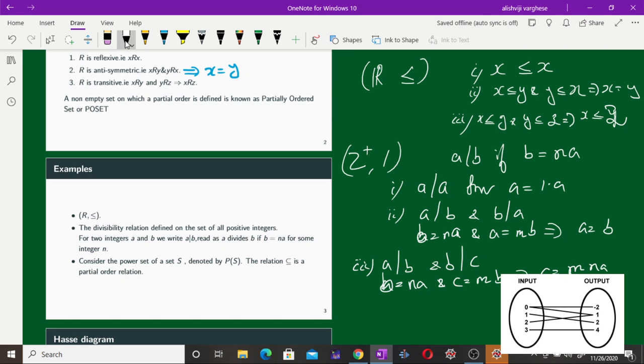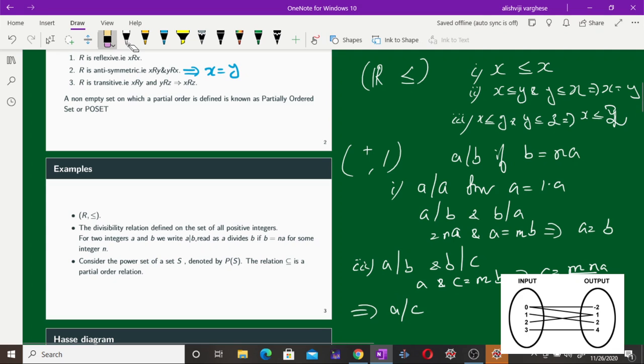So c is an integer multiple of a, and that means a divides c. So it has all the three properties, reflexive, antisymmetric, and transitive, and therefore divides is again an example of a partial order relation, and Z plus together with divides is a partially ordered set.